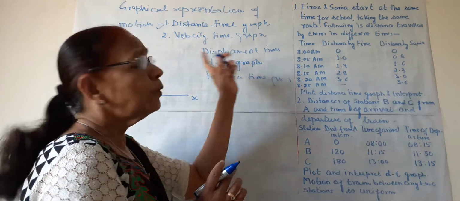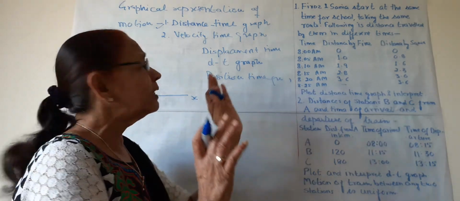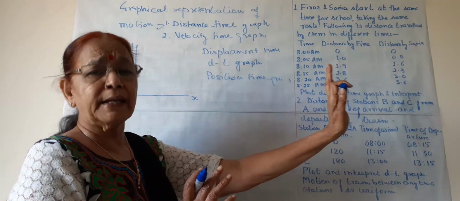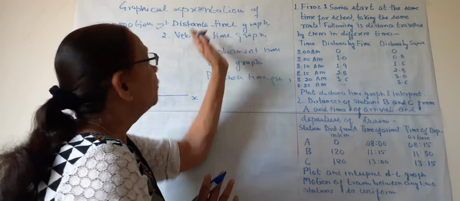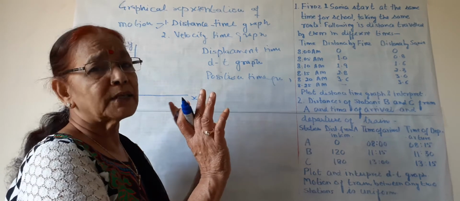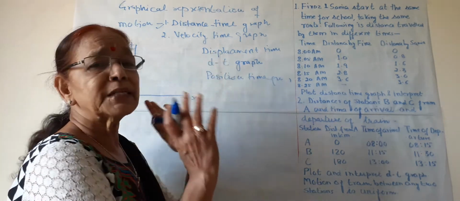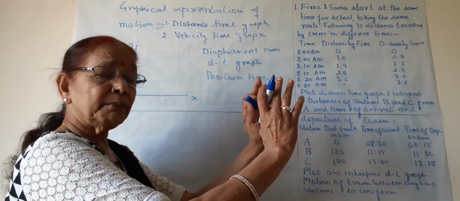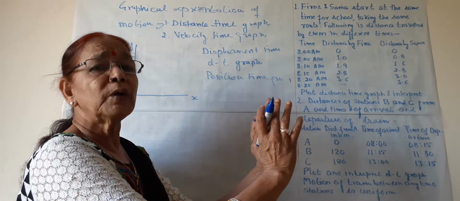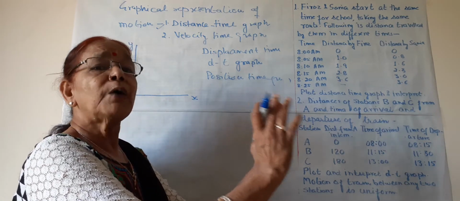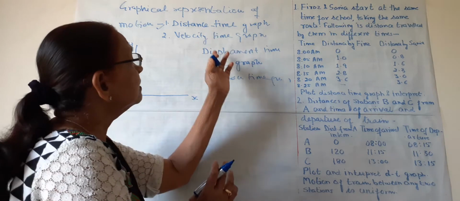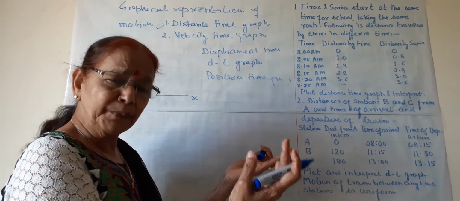And why distance and displacement both? You know the difference between distance and displacement. Displacement is a vector and it has a direction, whereas distance does not show any direction. When the body is moving on a straight road without changing its direction, then distance and displacement both will be the same.